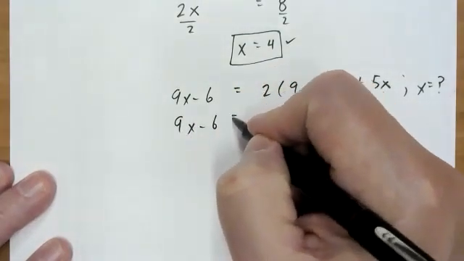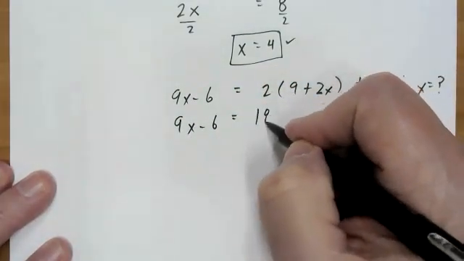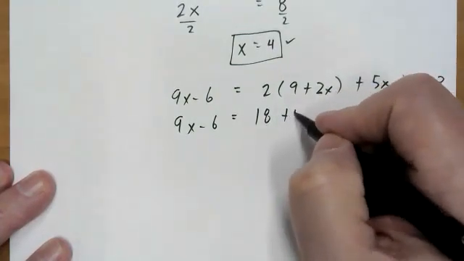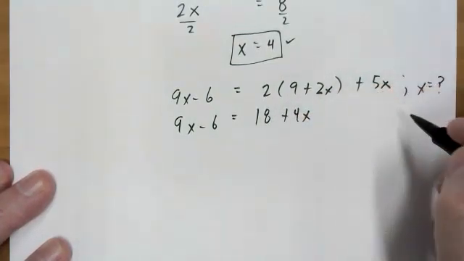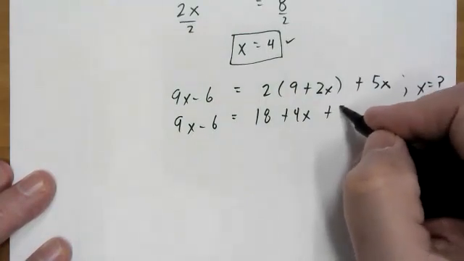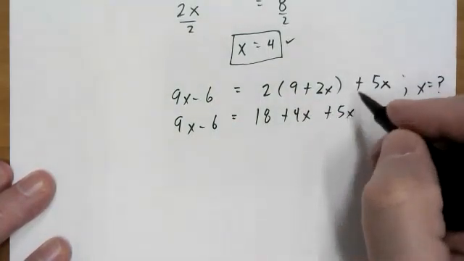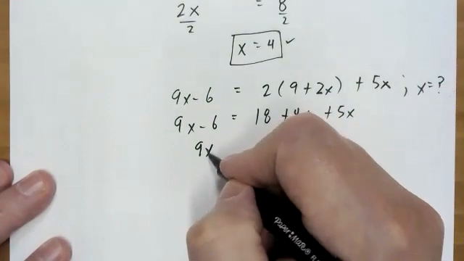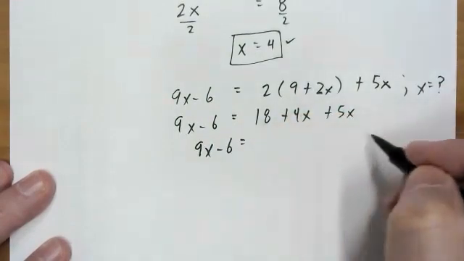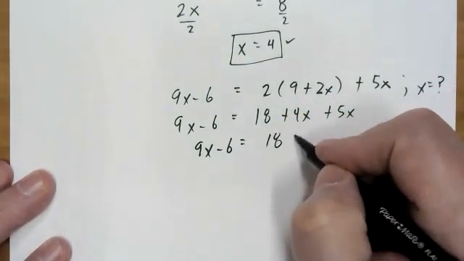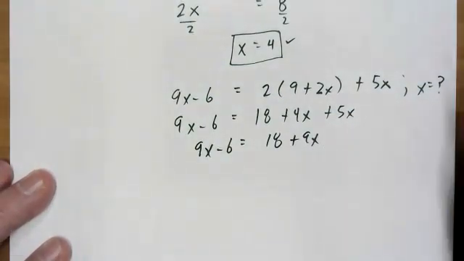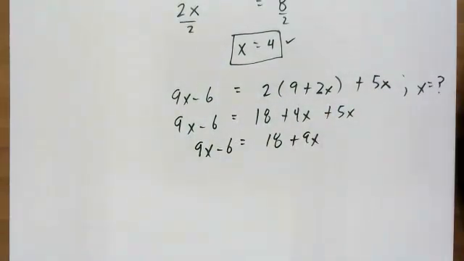So 9x minus 6, if I multiply out the parentheses, you get 18 plus 4x plus 5x. I need to go and combine like terms. So you have 18 plus 9x. Let's go ahead and get my x's on the left-hand side.